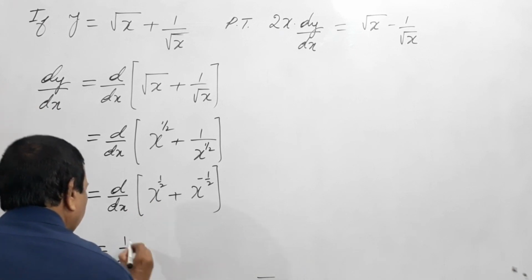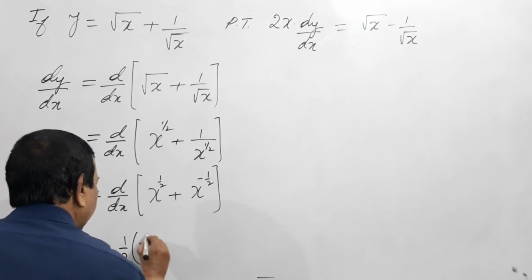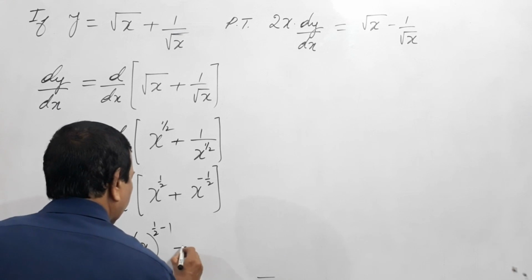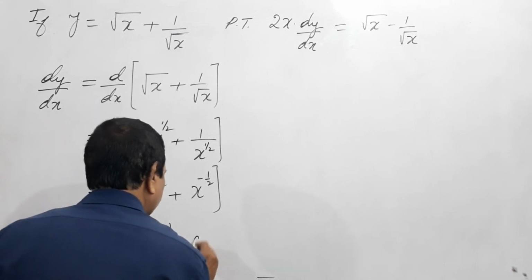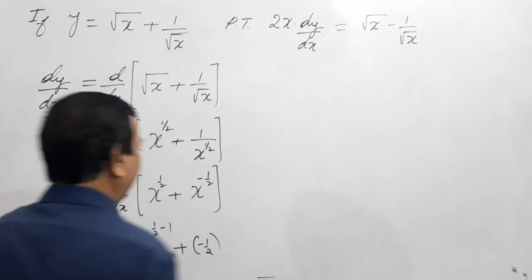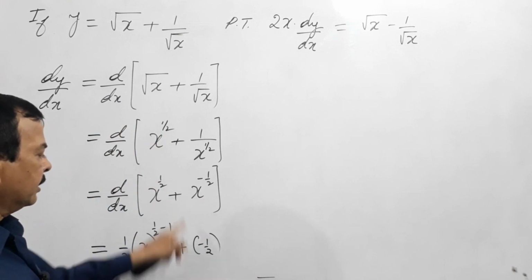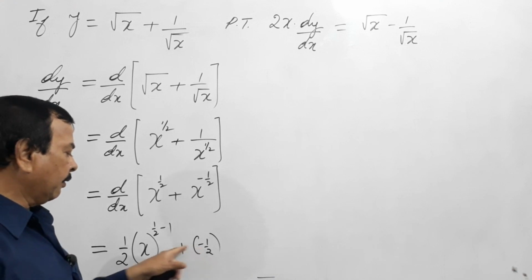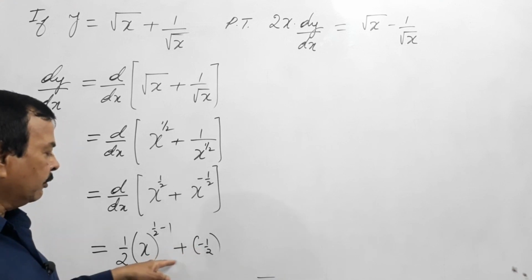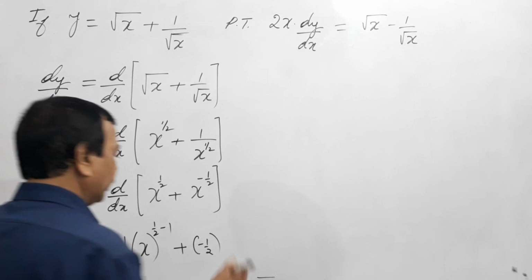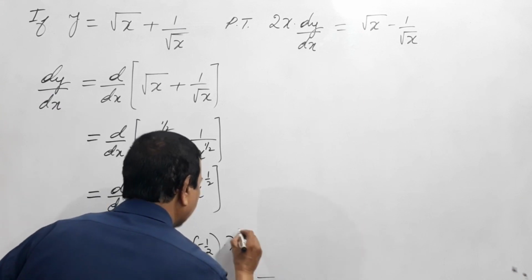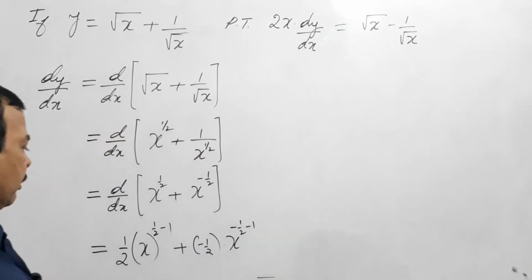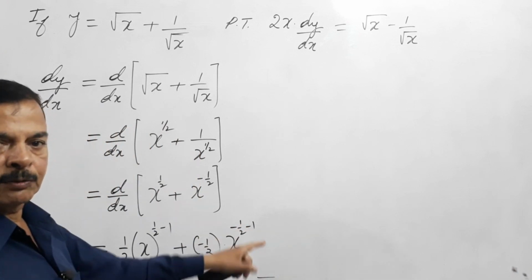1 by 2, x to the power of half minus 1, plus, so this is minus half, we have minus half, I'll write this, plus as it is minus, we could have avoided one step, straight away I could have taken minus. I don't want you to get confused, that's why I have taken this within the bracket into x to the power of minus half minus 1. So x to the power of minus half, that is my n minus 1.